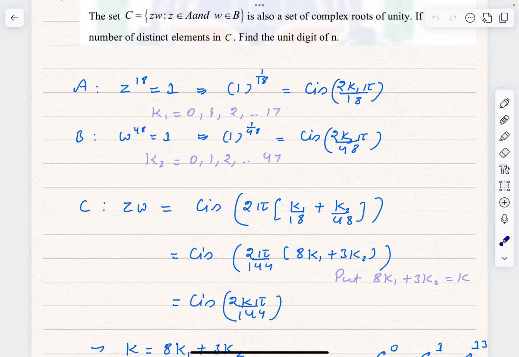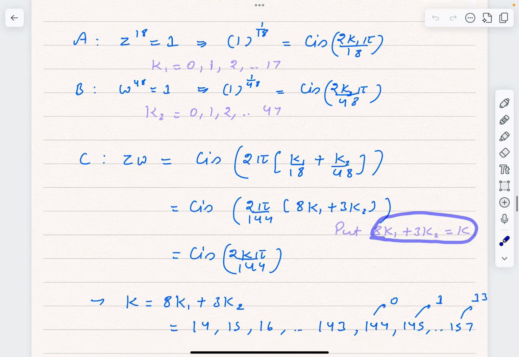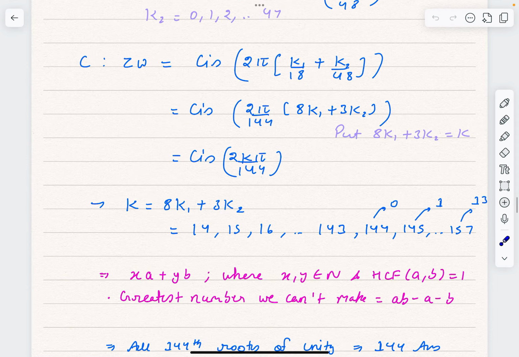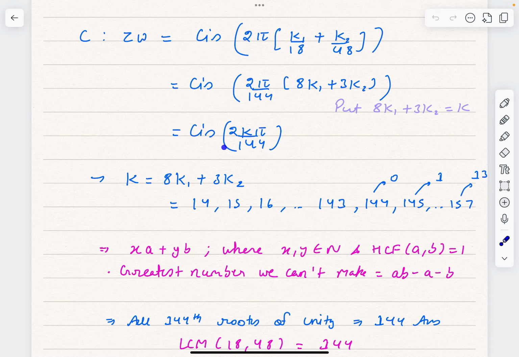When you take the LCM, you get 2 pi by 144 times 8k1 plus 3k2. Let us take 8k1 plus 3k2 as k. So we get cis 2k pi by 144. This looks like the 144th root of unity.